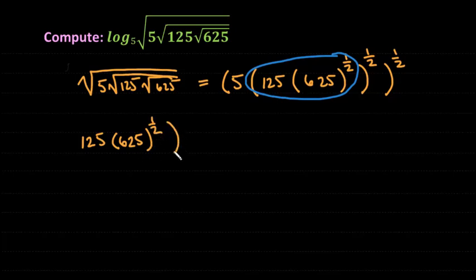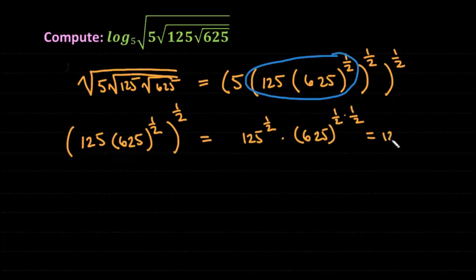And then we take the square root of that, and that gives us 125 to the 1/2 power times 625 to the 1/2 of 1/2. And that's equal to 125 to the 1/2 power times 625 to the 1/4 power.